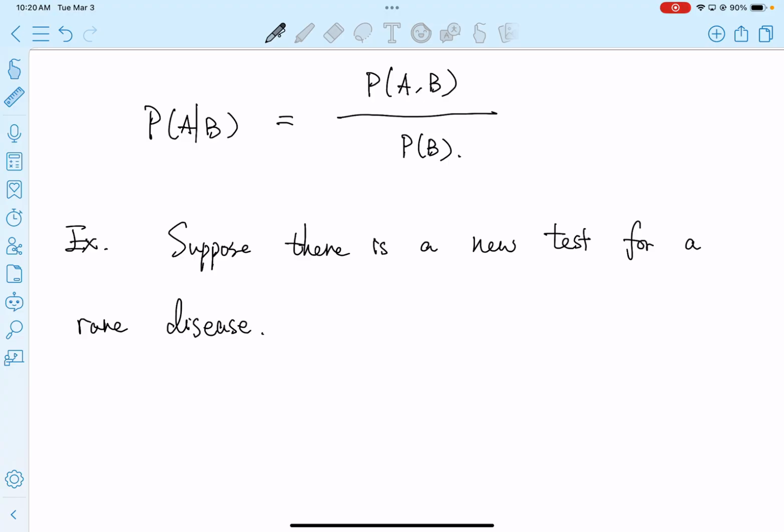And then the test has a 5% false positive rate.